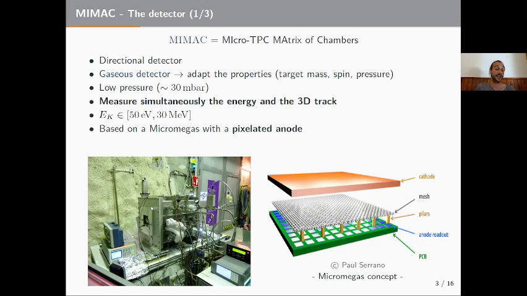We have an energy range that is adaptable and varies between 50 electron volts and 30 MeV. And we use a micromegas with a pixelated anode. A micromegas is a detector in 2 stages: one stage to drift the particles and one stage to amplify the signal.